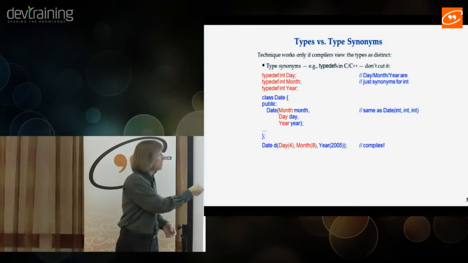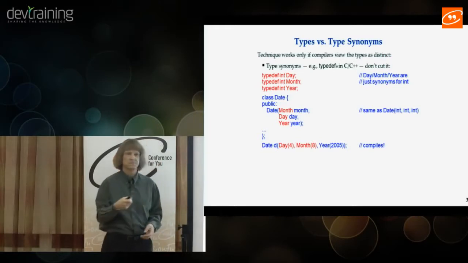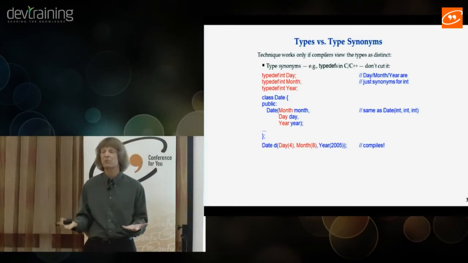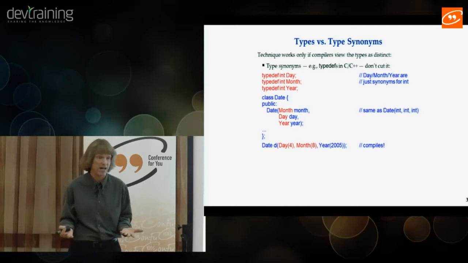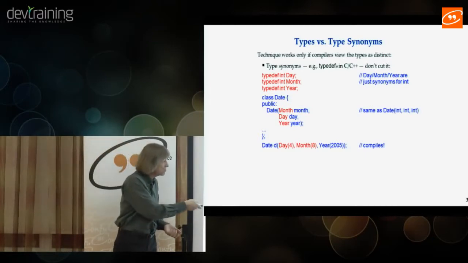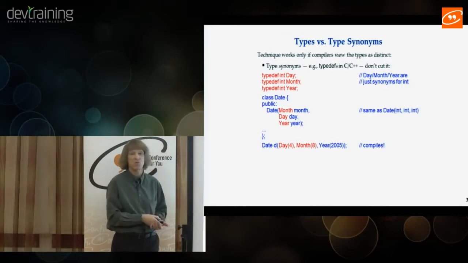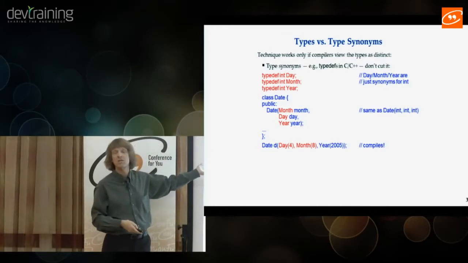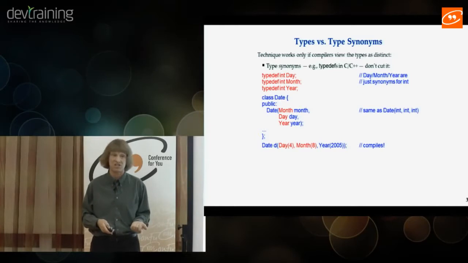This is what I call programming to make you feel better about yourself, because you haven't improved the type safety in any way. From the compiler's point of view, this is still int, int, int, which means you can still make the same mistake you could make before. This can yield more readable code, but it can't prevent user interface errors.